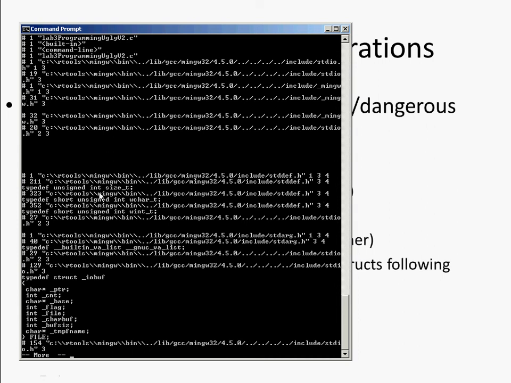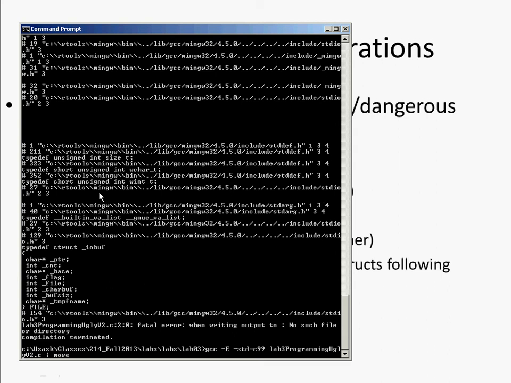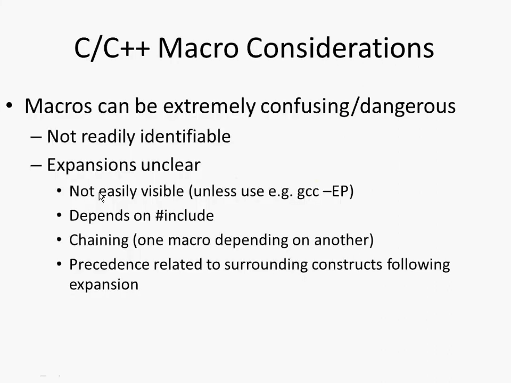In that pre-processing, pound includes are expanded, and what I mean by that is it goes and fetches the contents and sticks them in your program, and pound defines are also expanded. Okay. So this pre-processing stage goes on, and if you run GCC minus E, you can actually see what comes out of that. If you don't, it's going on behind the scenes. You don't know exactly what it is.